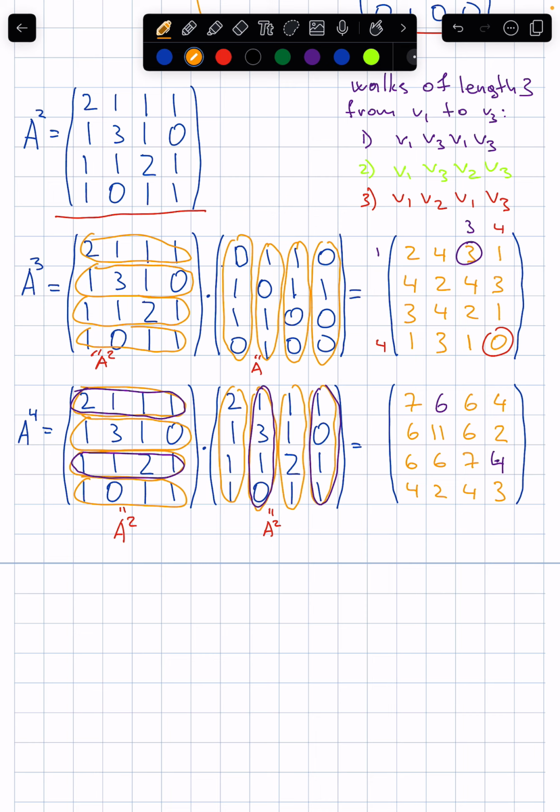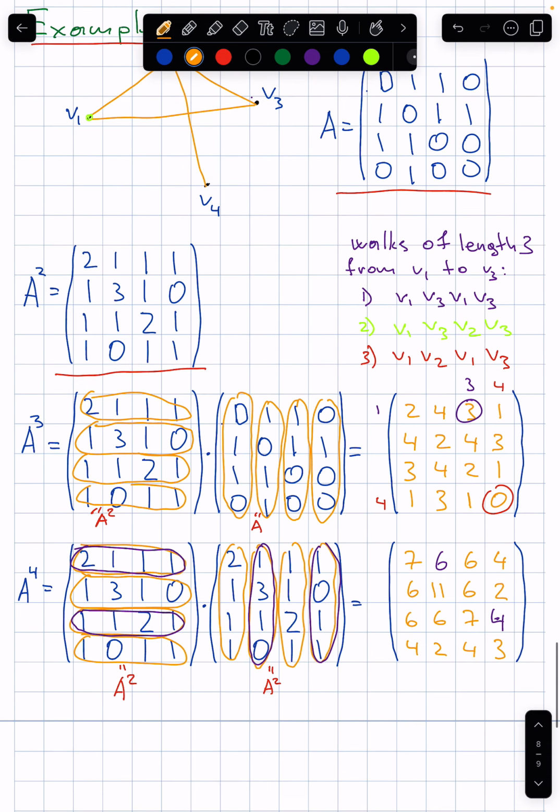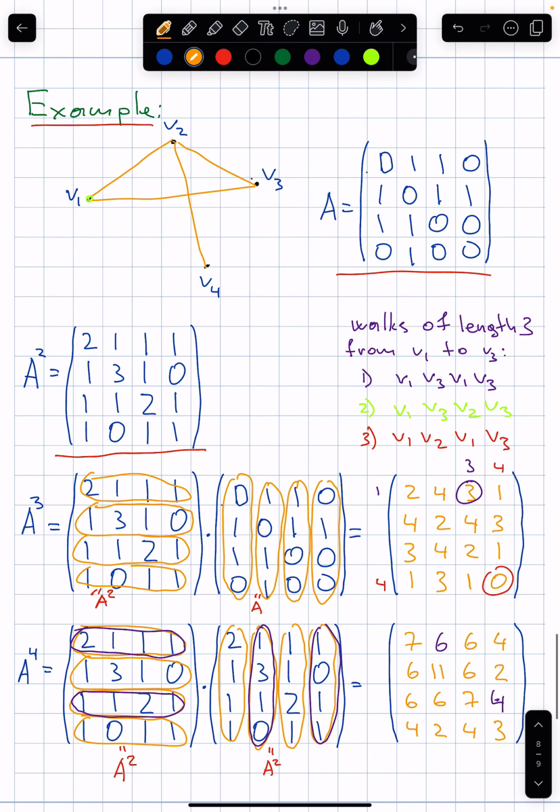So that's our product. Maybe let's try to investigate one of the numbers. Maybe let's take this 6 here. So this is V2 and V3. So there should be 6 walks of length 4. Okay, so what we can do, we can go from V2 to V3 through V1, right?